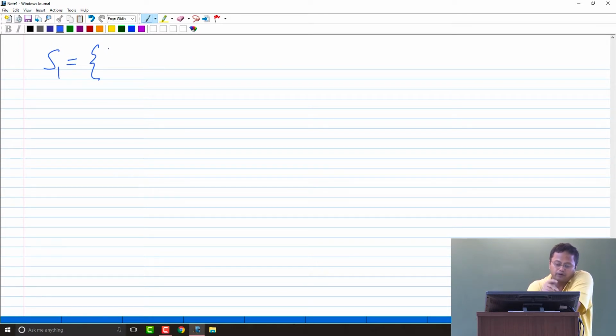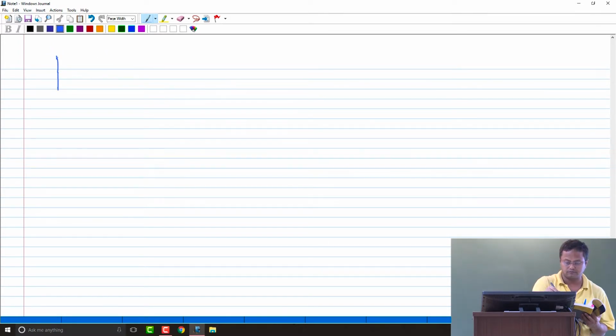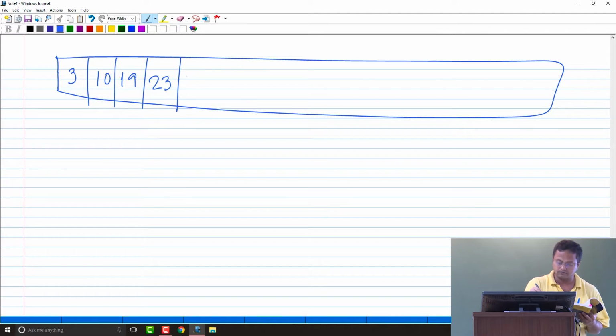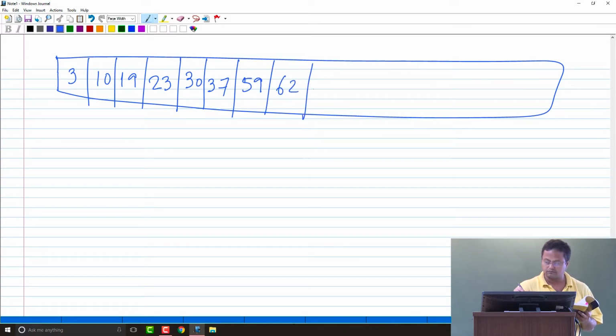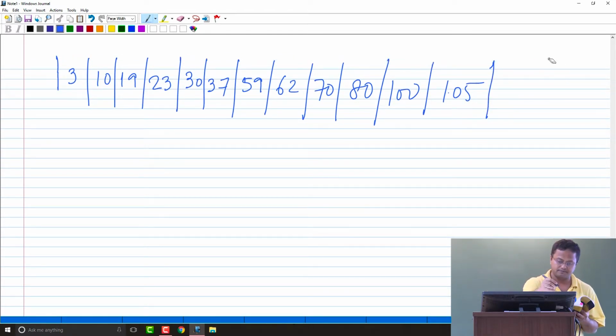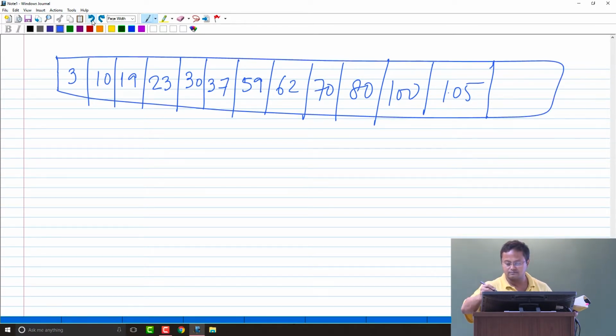I have two sets of sorted numbers. Oh, this is vector graphics, I see.